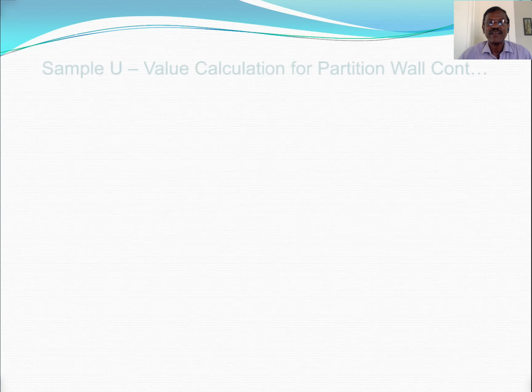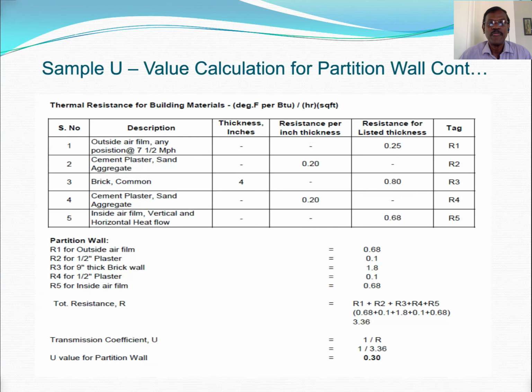In the calculation also, if you see the outside air film resistance, I have taken only 0.68, like an inside room air film resistance only. It is not exposed to sun, so I have taken 0.68. And plastering and brick wall all remain the same.